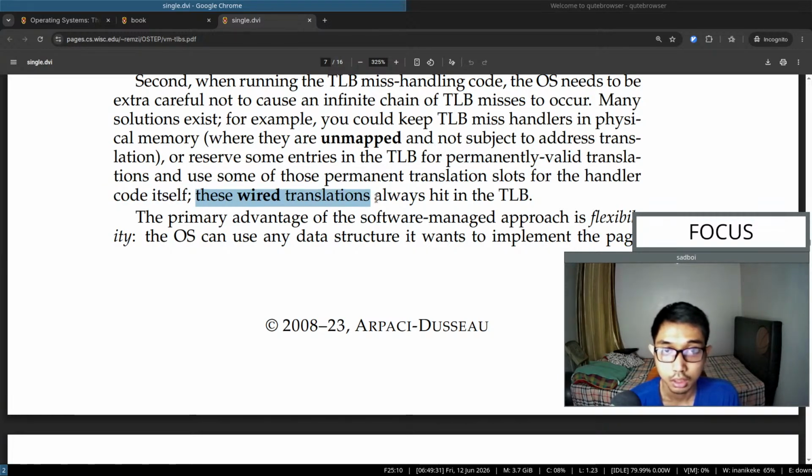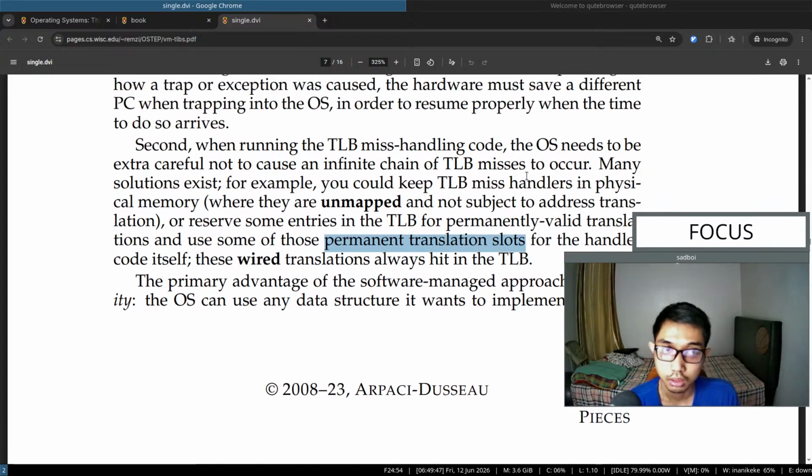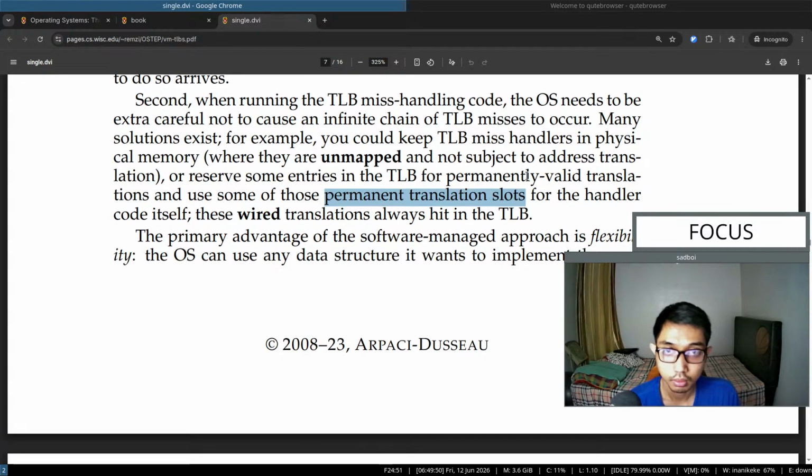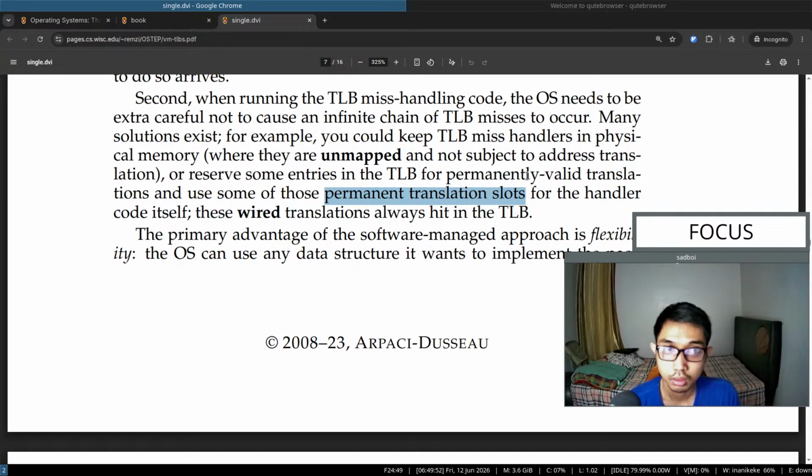This way translations always hit in the translation lookaside buffer. So we have a permanent translation slot. Okay, interesting. We can save the TLB miss handler in physical memory or in the translation lookaside buffer itself, in the permanent translation slot.